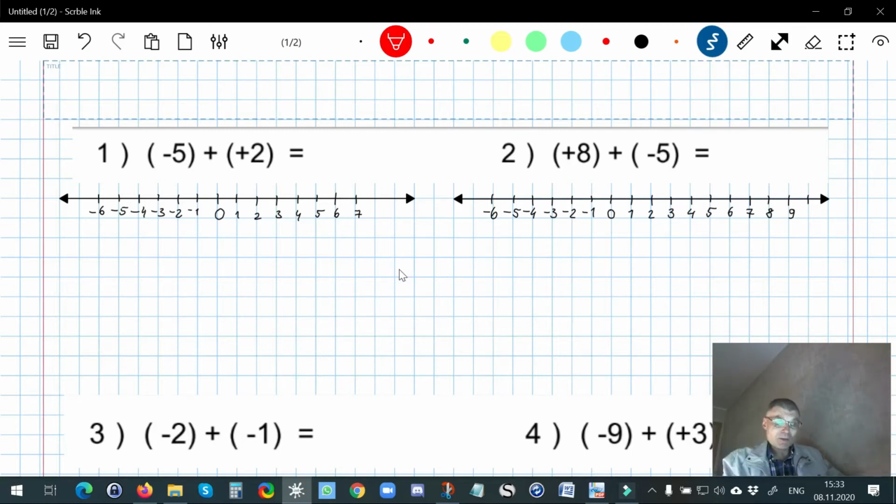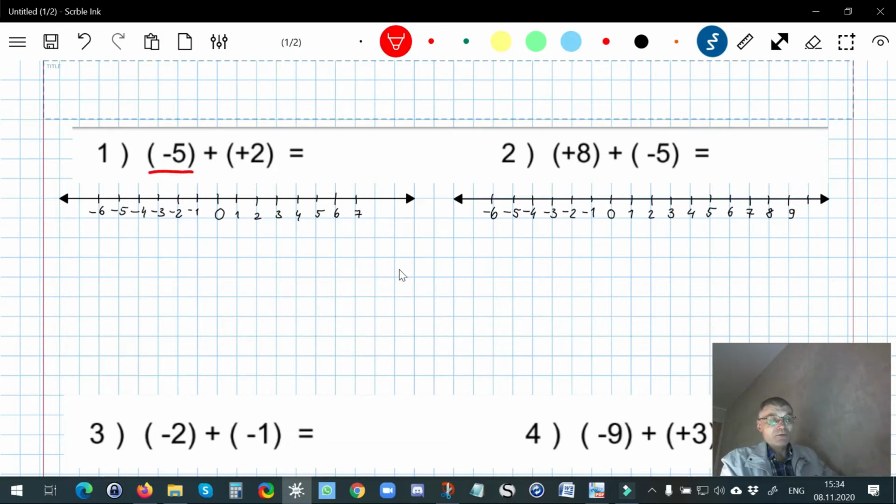It doesn't matter in which order I do my operations, because we all know that we can change the positions of the numbers we're adding. So it doesn't matter which number I use first, but let me first use this.